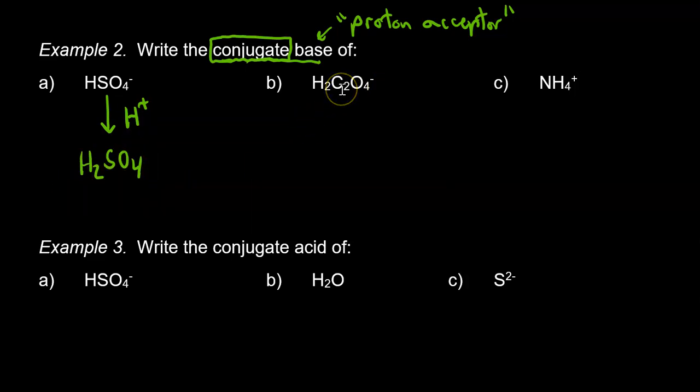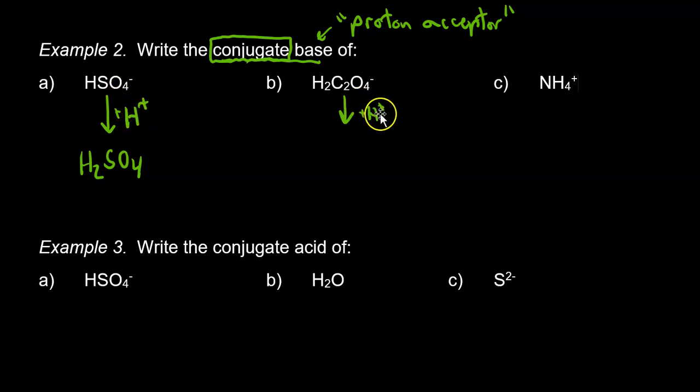Okay, so we'll do the conjugate base of this one here. Again, we want to gain H+. Sometimes I do plus H+. Now, in solution, you never just see H+ by itself. If it's in water, it's always H3O+. This H+ comes from an acid, but we don't know what acid it comes from, because bases always react with acid.